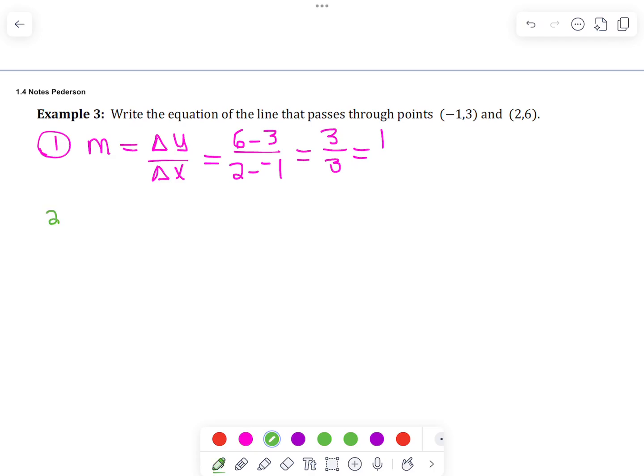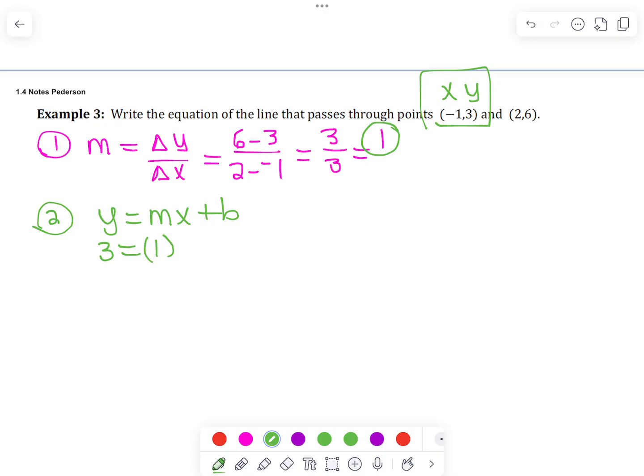Step 2 is we're going to find the y-intercept. So we're going to use y equals mx plus b. So here's our slope. We're going to choose one of the points. So I'm going to choose that first point, x and y, this one right here. So I'm going to substitute the y in, which is 3. The slope we found as 1.